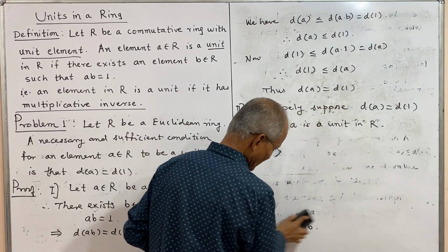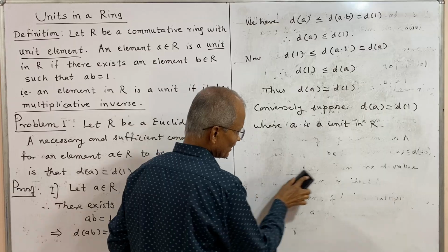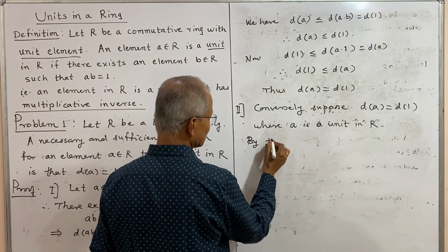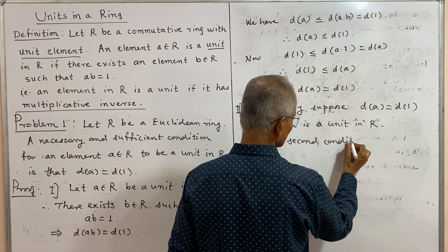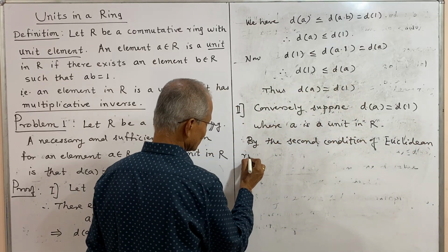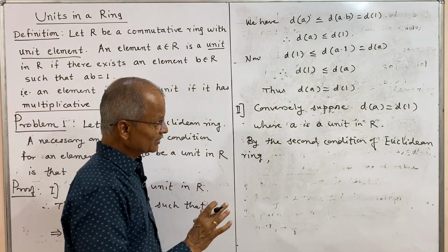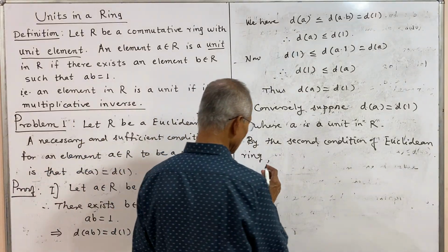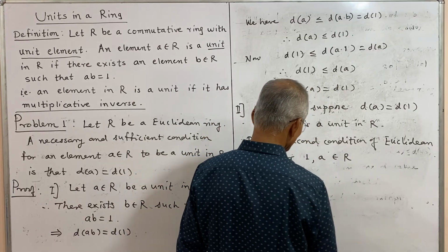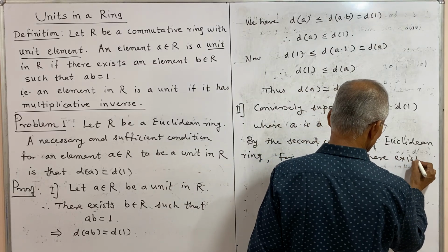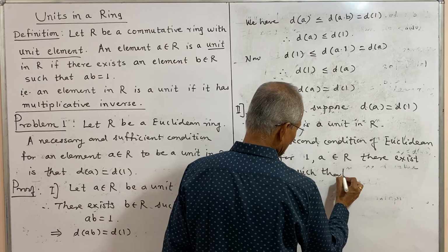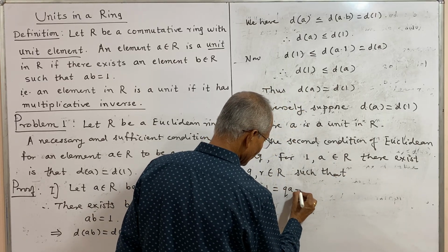The second condition is the division algorithm, and by the second condition of a Euclidean ring there exist two other elements, a quotient and a remainder. For 1, A belonging to R, there exist Q, R belonging to R such that 1 is written as QA plus R.